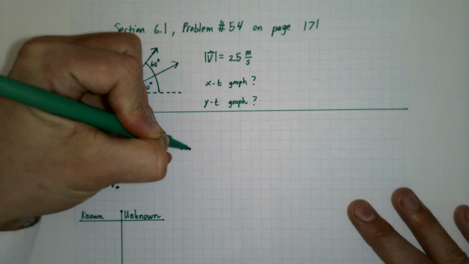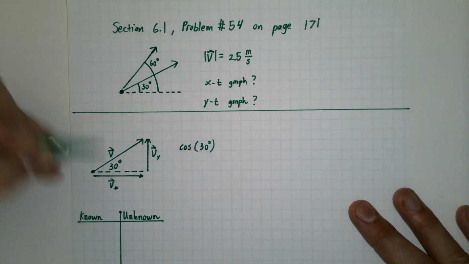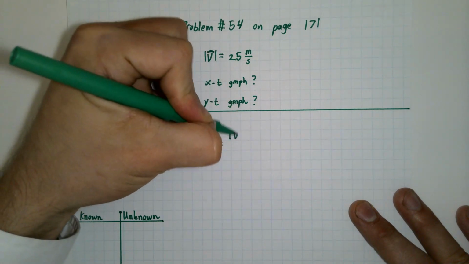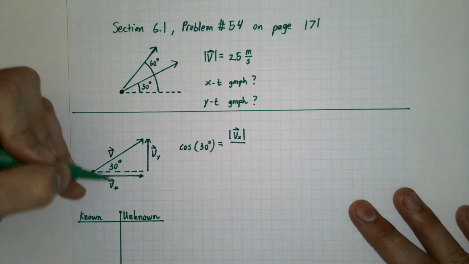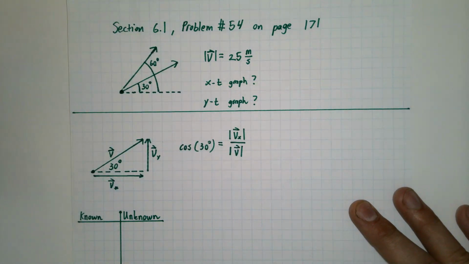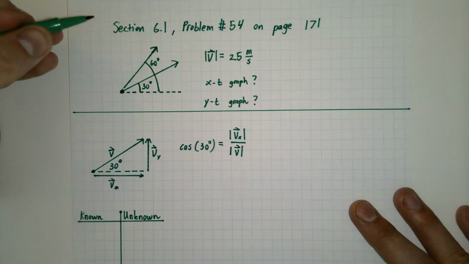So if I write the cosine of my angle, 30 degrees, that's my adjacent side, which in this vector triangle is the magnitude of my velocity in the x dimension, divided by my total velocity, or my resultant velocity, which in my geometry here is my hypotenuse.